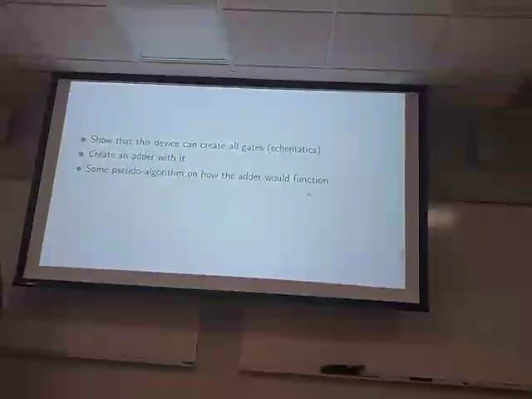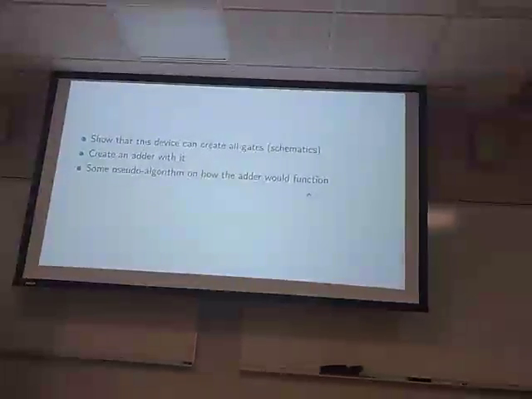So what I'm going to do is take the device and make schematics for all possible logical gates with it. So actually draw the AND, NOT, and all the others.